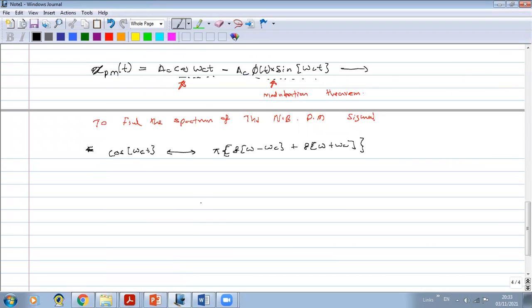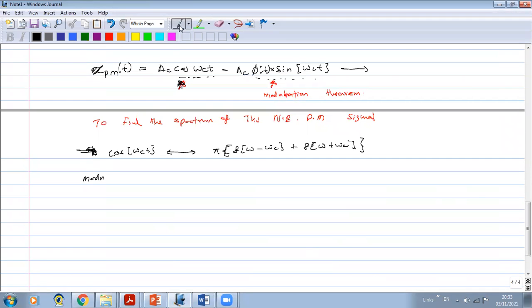We get the Fourier transform of this term using this Fourier transform pair, and the other term we can find using the modulation theorem.